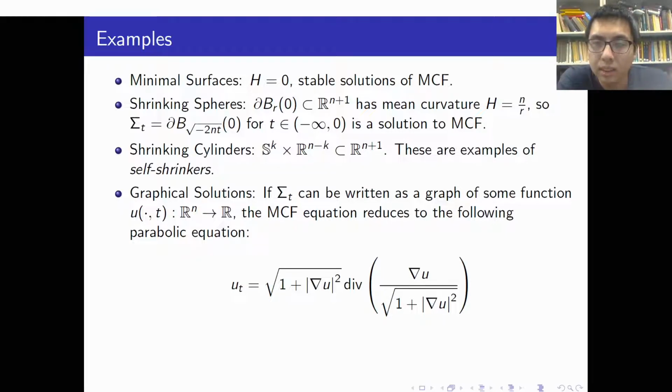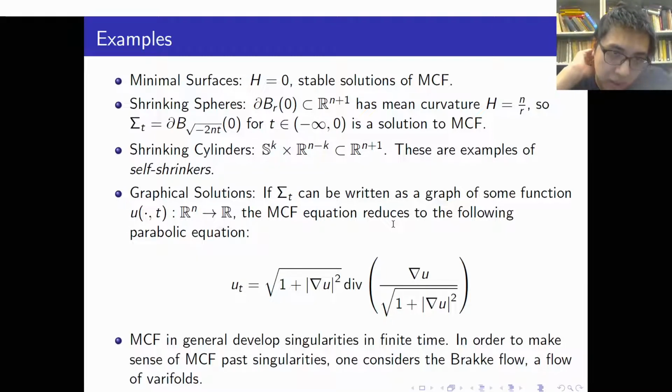And this is of particular interest because if we know that the solution of mean curvature flow can be written as a graph, then you can use the standard parabolic PDE theory to tackle the problem. And for those of you who are keen on minimal surfaces, you would notice that the divergence of nabla u over square root of 1 plus absolute nabla u squared equals 0 is the minimal surface equation.